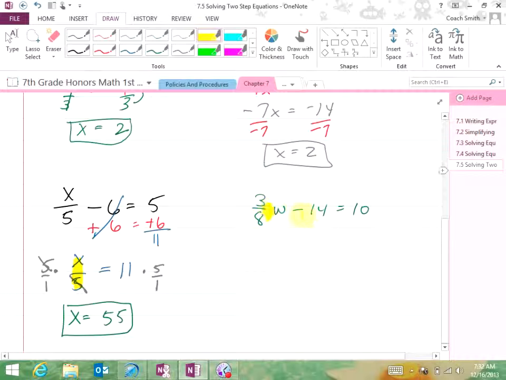We have multiplication and we have subtraction. So the inverse of subtracting 14 is to add 14 to both sides. It cancels over here, giving me 3/8 W equals 24.